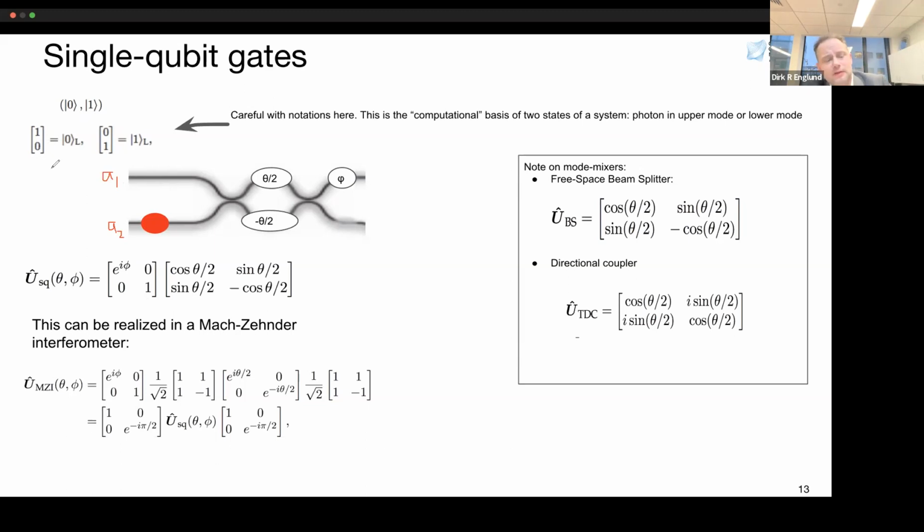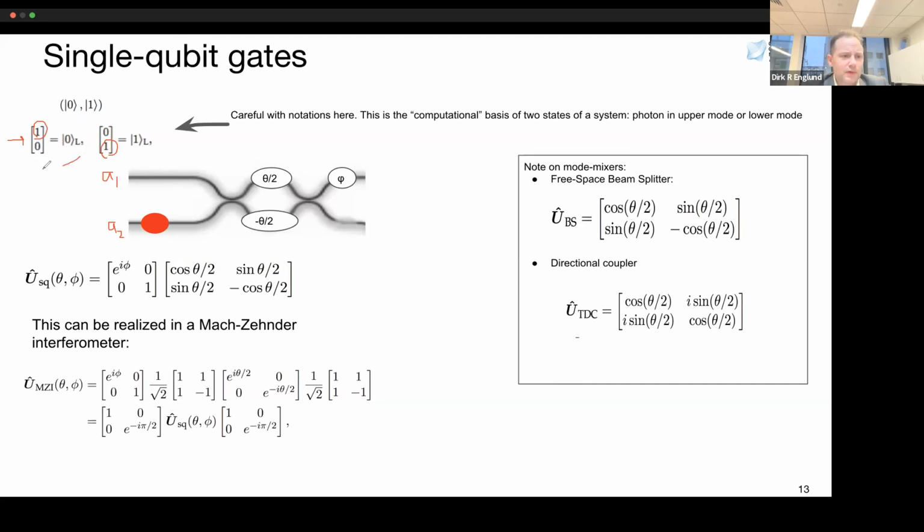And we can choose that different ways. You could really do anything you want. You just need to have two states that can encode your logic levels that are orthogonal from one another. But what people often do is consider a dual rail representation where there's a single photon either in one mode or in the second mode.